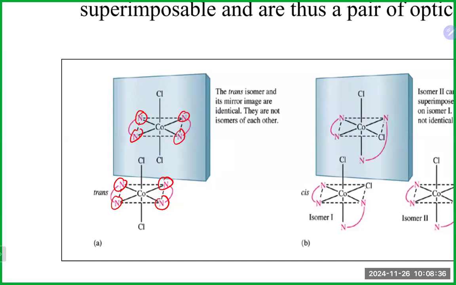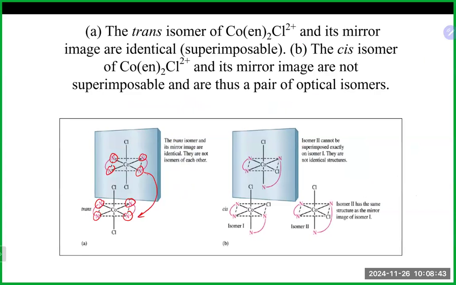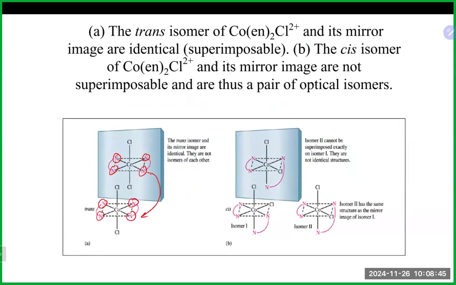So when we pull that out, we're not going to have any problem dropping that right on top of the original one because we have the same connections. Again, here with our cis, we get that opposite connection as we just talked about with the nitrogens, and that opposite way that it is connected is going to create a different bond angle, and thus it's going to create something that's always going to be off. So in a lot of cases, your cis isomer will create that.